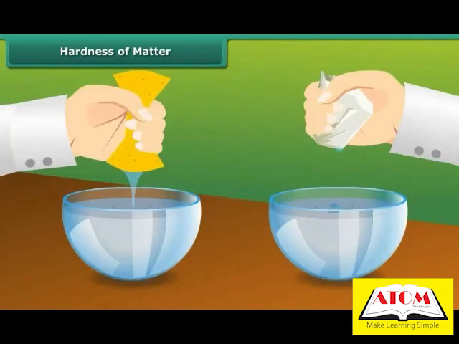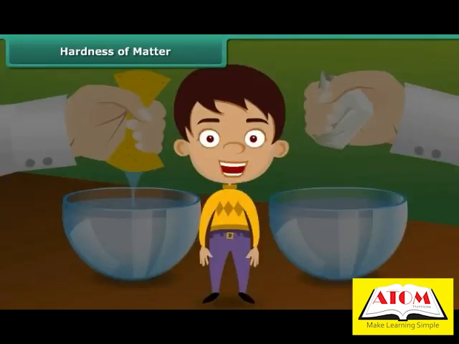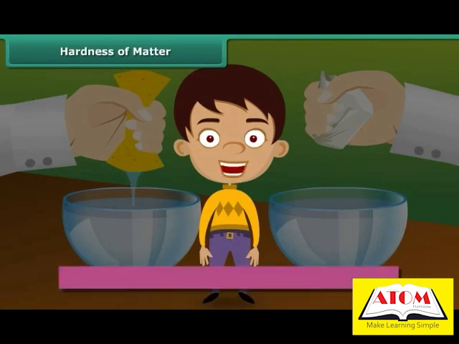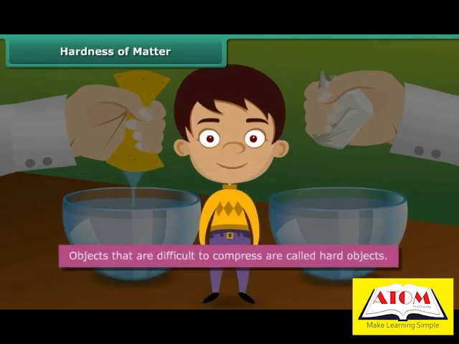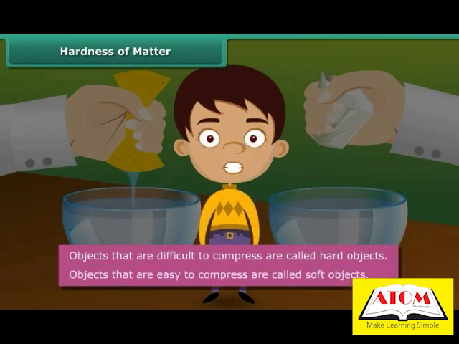Try to squeeze both to remove water. Which of the two are you able to squeeze? Of course, sponge. Can you squeeze the stone? You cannot. Objects that are difficult to compress are called hard objects. Objects that are easy to compress are called soft objects.